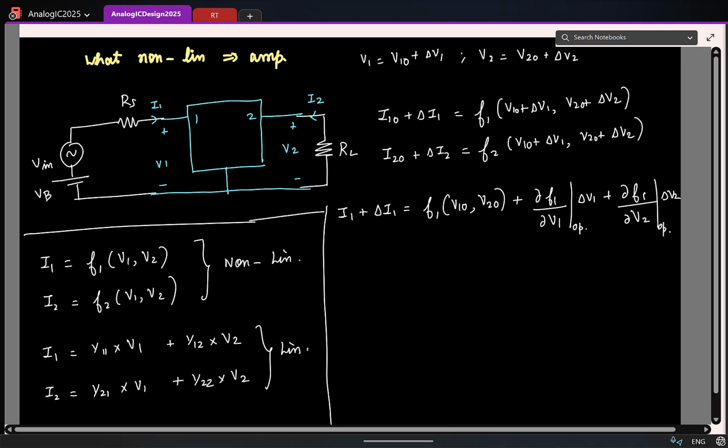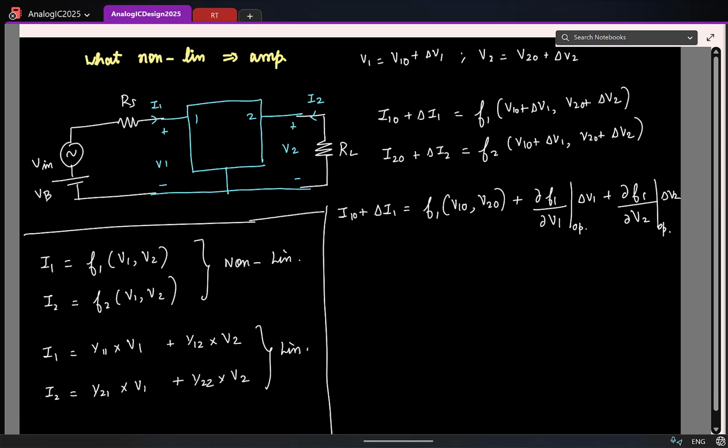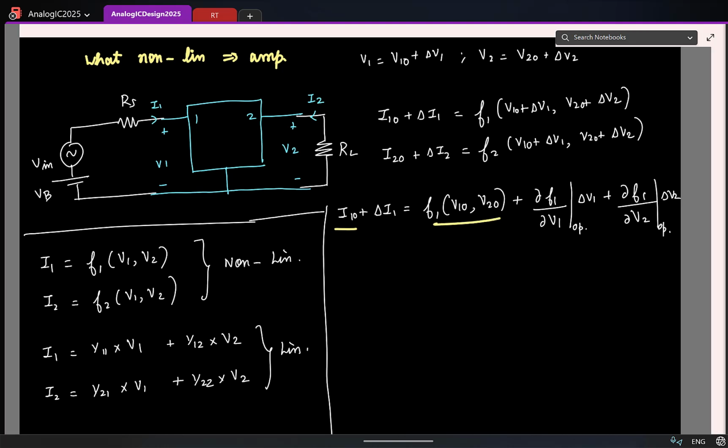So, which means now, this is again I1 operating point. So, this is my operating point current, which is same as this. So, this cancels out, basically cancelling out the operating point terms. So, we end up with this, and this is what you should understand.